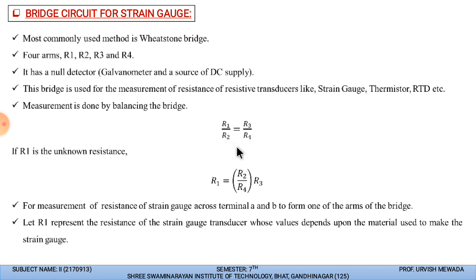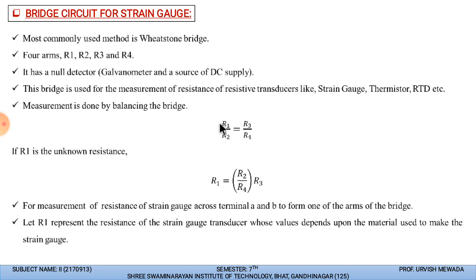If the bridge is balanced, the equation will become R1 by R2 is equal to R3 by R4. If R1 is unknown, then we can determine R1 by making R1 the subject: R2 by R4 into R3. So for the measurement of resistance of the strain gauge across the terminals A and B, we will see the circuit in the next slide.